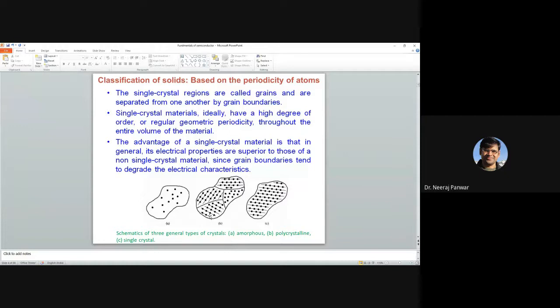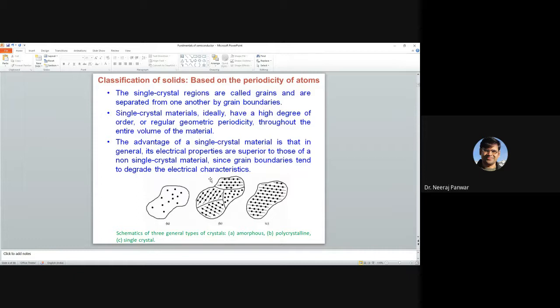For example, if the electron or hole are moving in this particular direction, and we want the electron or hole to reach from this region to this region, but they will encounter a grain boundary and they will be scattered in any other direction. That will lead to the enhancement in the resistivity of the material or the decrease in conductivity of the material.